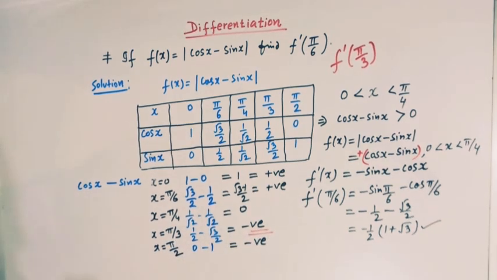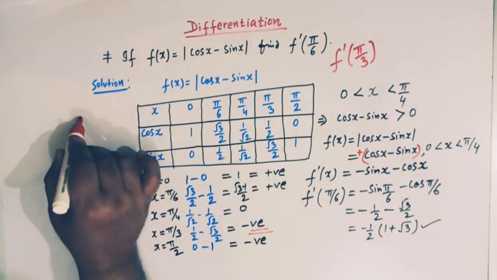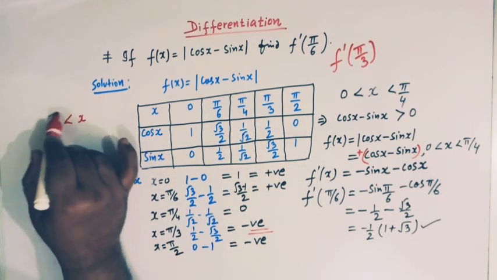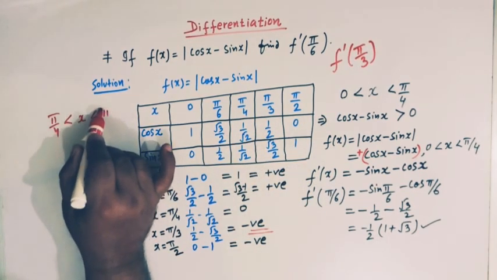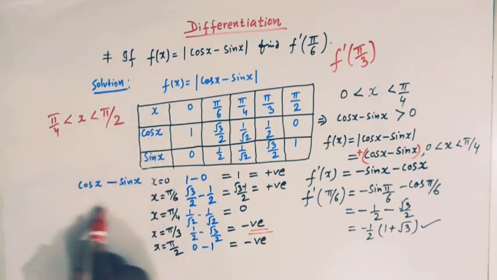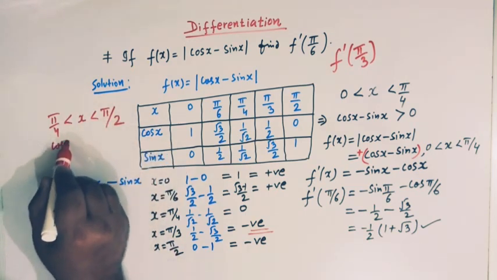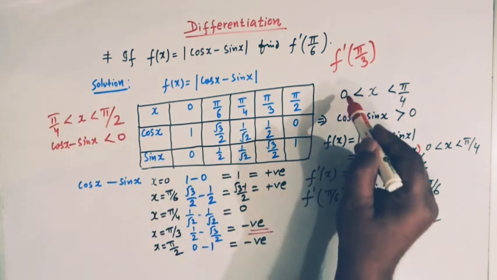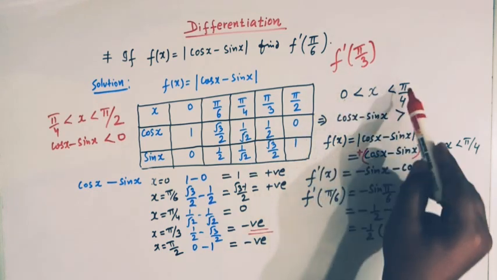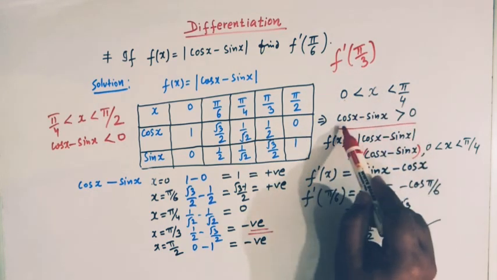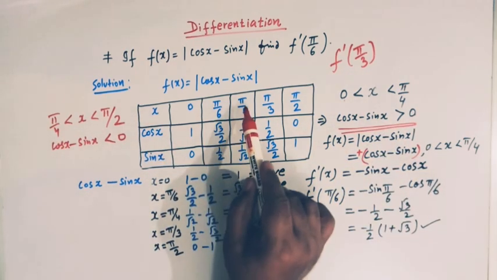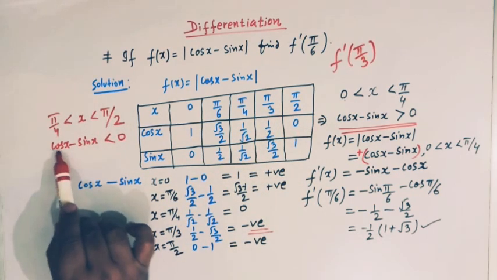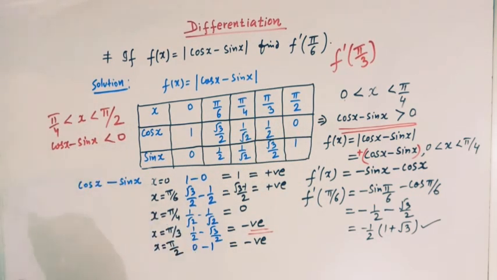So when x lies from π/4 to π/2, cos x − sin x is less than 0, because for x between 0 and π/4 the difference is greater than 0, but for x between π/4 and π/2 it is less than 0.